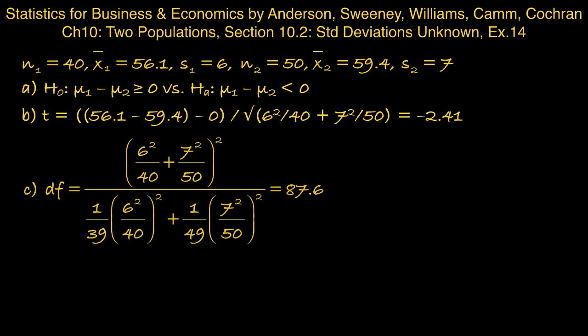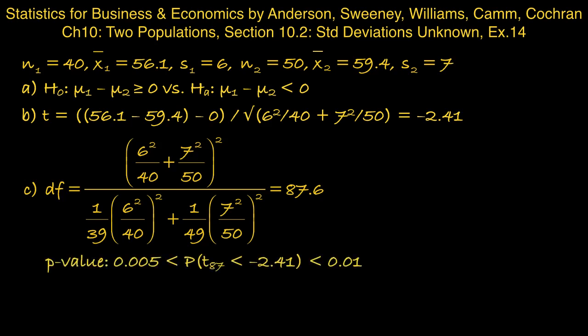So since the t-table uses positive critical values, we'll find where plus 2.41 would lie, and if we look at the row corresponding to 87 degrees of freedom, we'll see that 2.370, which has a tail area of 0.01, and 2.634, which has a tail area of 0.005, lie either side of 2.41. So therefore the tail area beyond 2.41 is going to be in between 0.005 and 0.01.